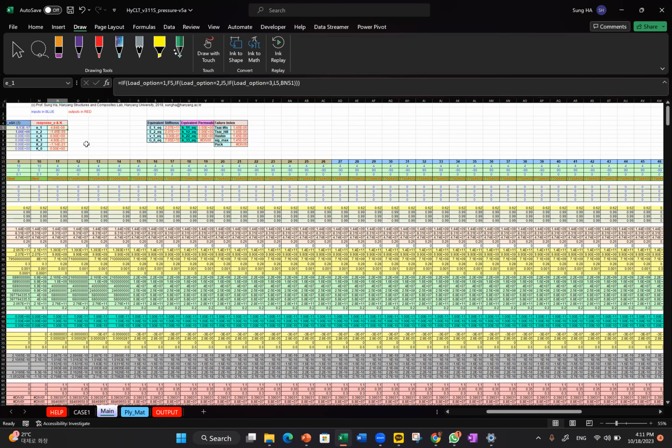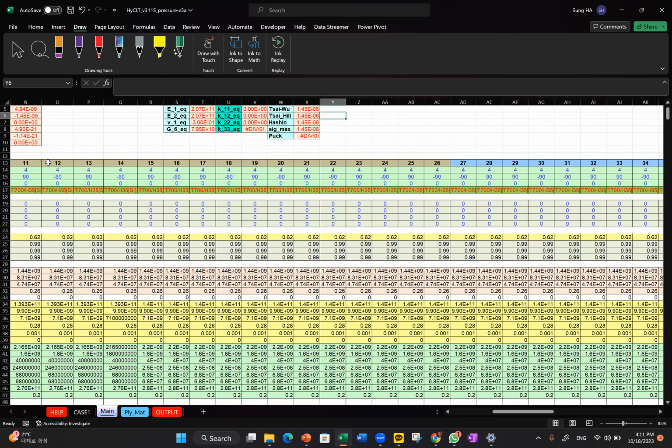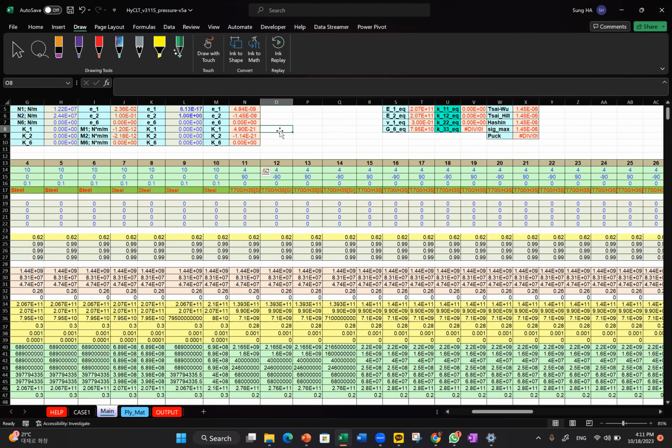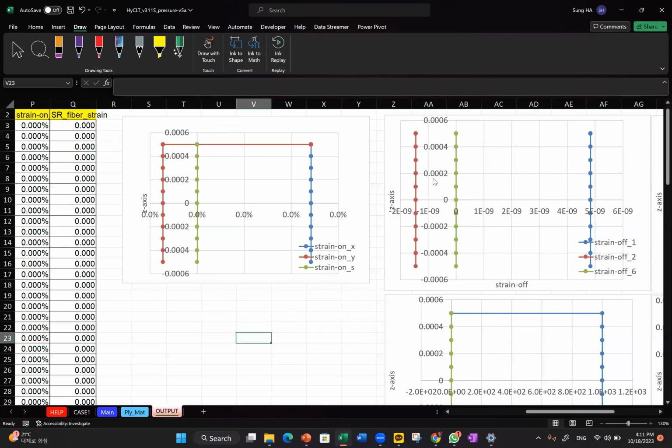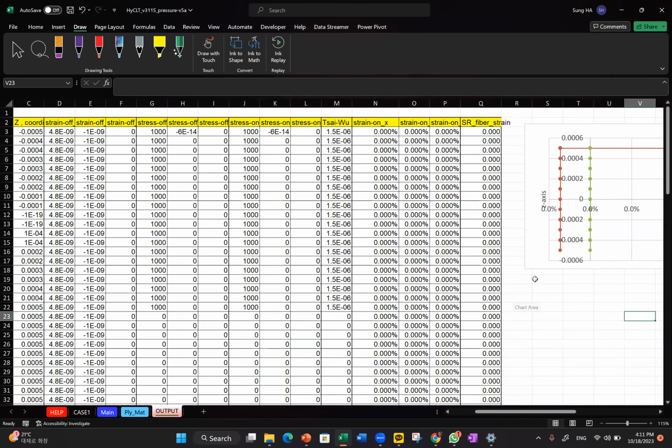Okay. This one, and then in the transverse direction, we have this much as the output. So in the transverse and 90 direction, we have a contraction, minus, and shear strain is 0. Okay, so this is called off-axis strain.